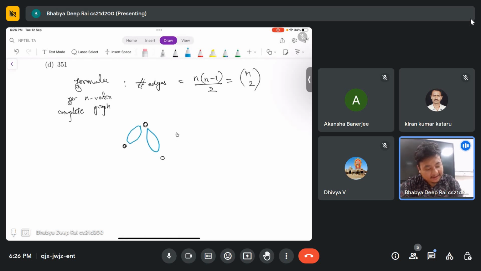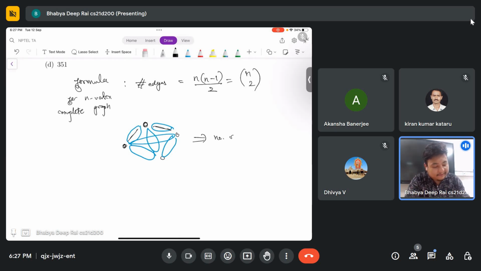I can place an edge between these two, and between these two, and between these two. These are the empty spaces, and between them I can put an edge like this. And how many such spaces are there? Well, it is as good as choosing a pair of vertices, right?